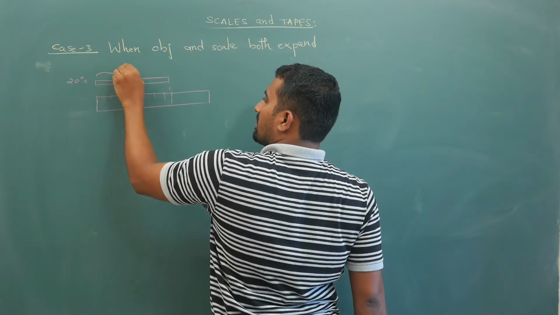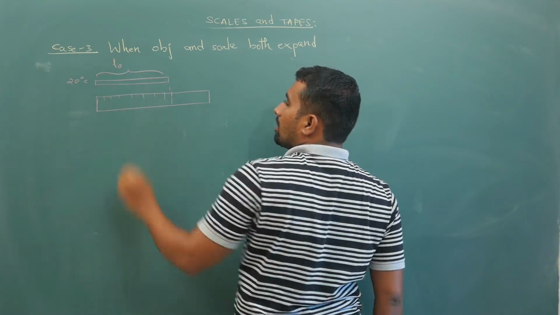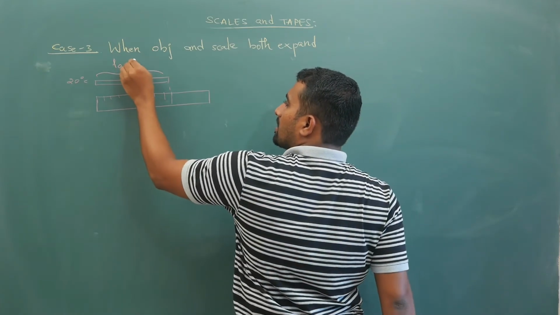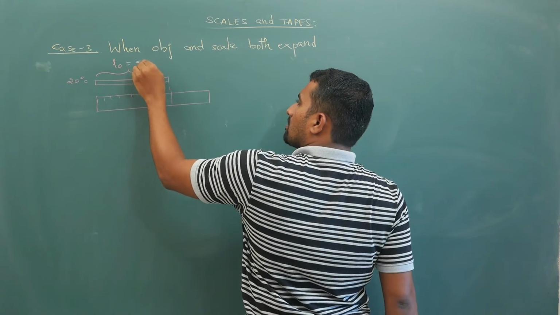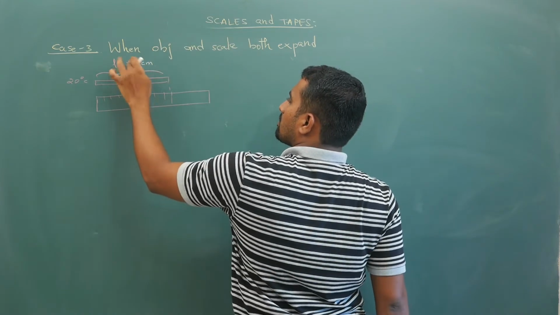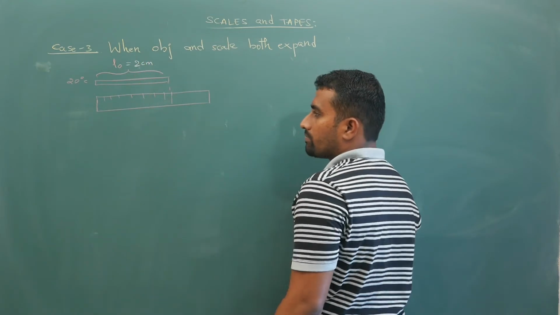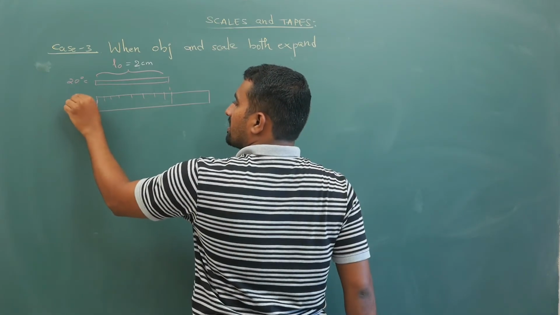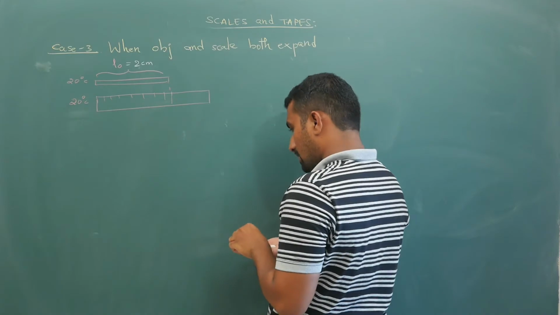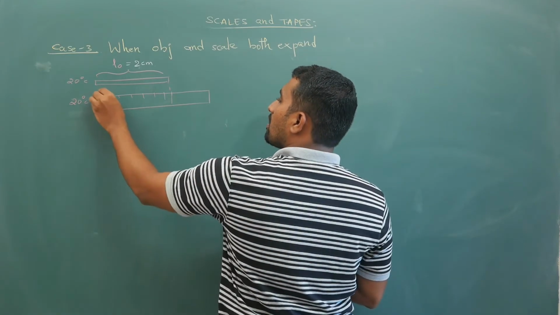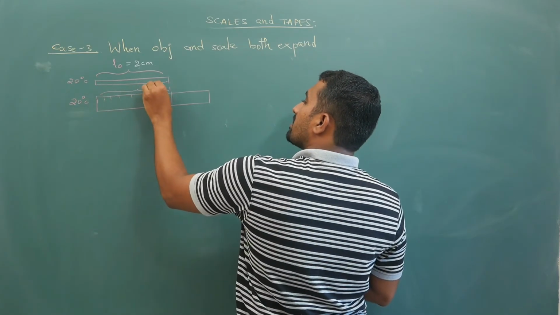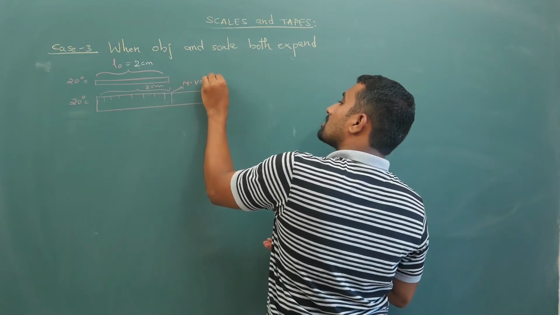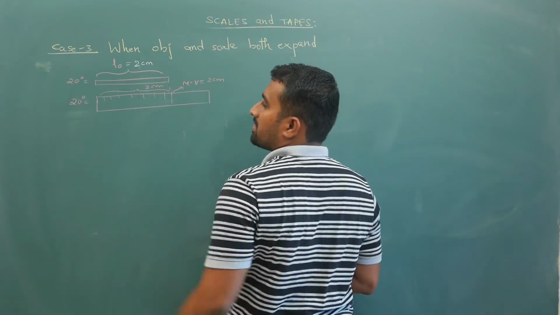So obviously, if the initial length is L0, and for understanding's sake let us simply take 2 centimeters, then when this scale is also at 20 degrees centigrade, it will show a reading of 2 centimeter. So in this case, the measured value and the true value are both the same, because the temperatures are the same.